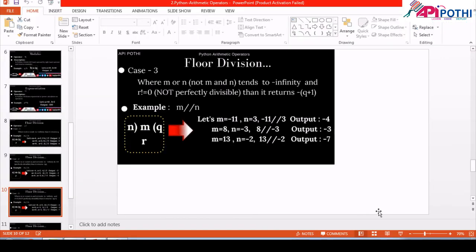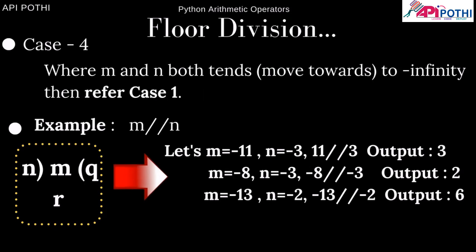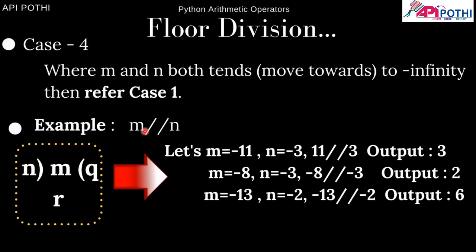The fourth case is where m and n both move towards minus infinity, meaning m and n both should be negative. Then what should happen? If both are negative, then we need to refer to case 1.